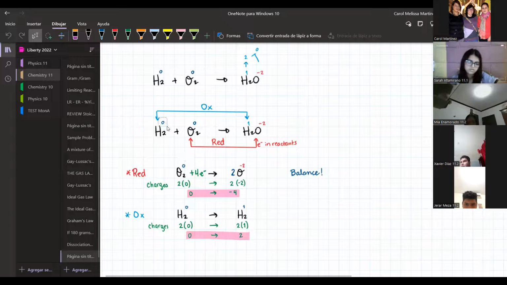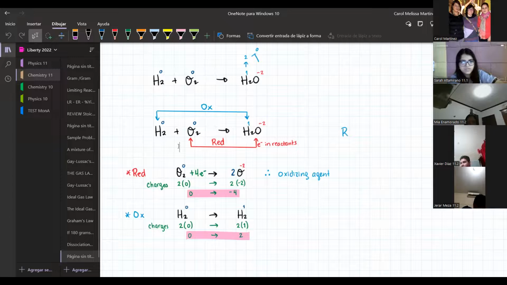But for the agents, just think inversely of what you're doing. So for example, here, the element that is reduced is oxygen. Therefore, oxygen is going to be the oxidizing agent. The reduced is going to be the oxidizing, and the oxidized is going to be the reducing. Exactly. If you want to memorize it like that.